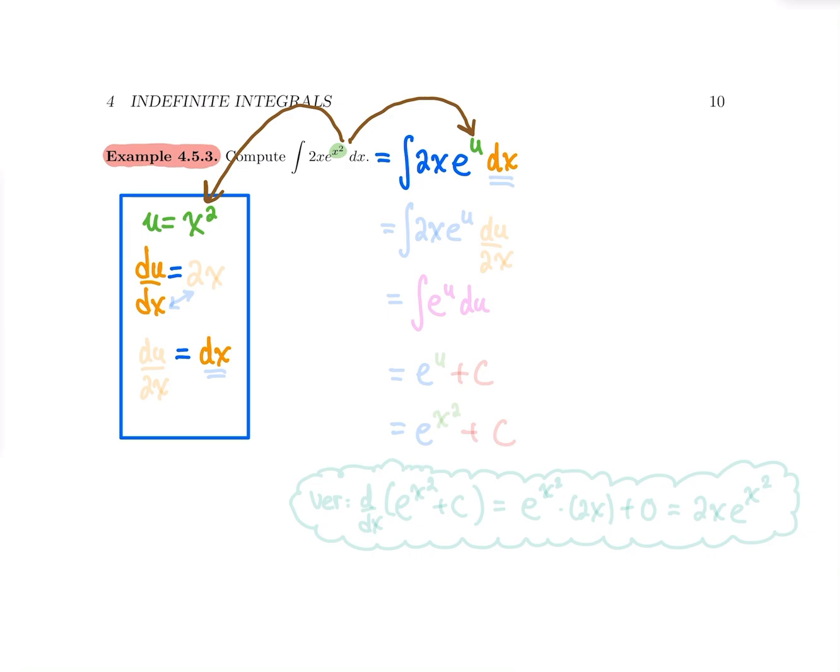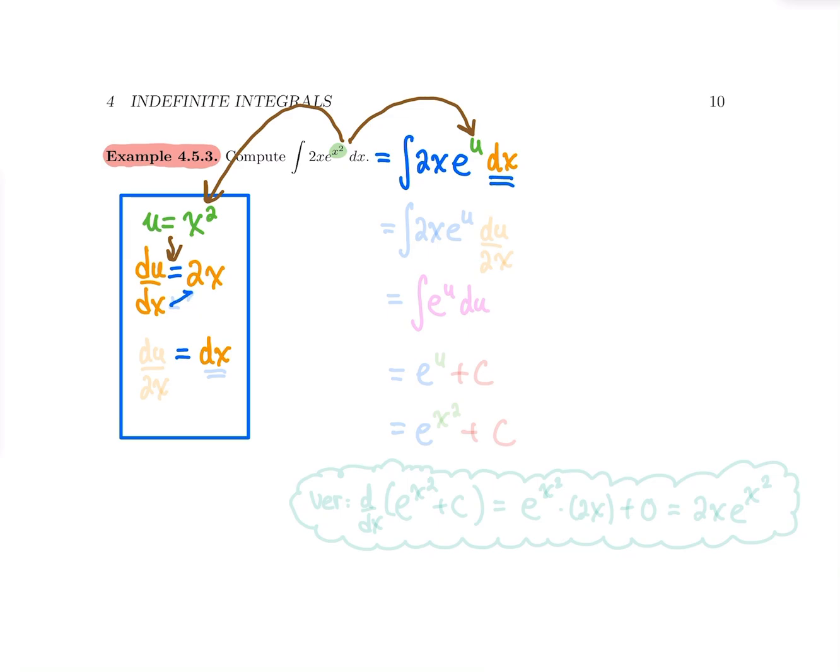Now let's simplify this by following the steps. Now that we've chosen the exponent to be x squared, I'm going to compute the derivative of x squared. I'm not looking at my integral, just at my u formula, u equals x squared, and its derivative is, of course, 2x. The next goal is to always get rid of dx. We need a formula for dx.